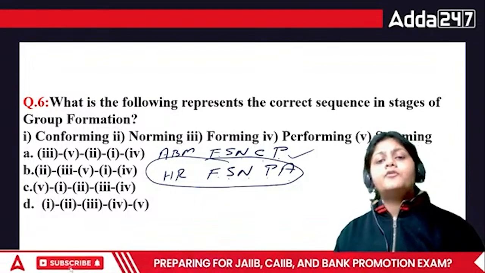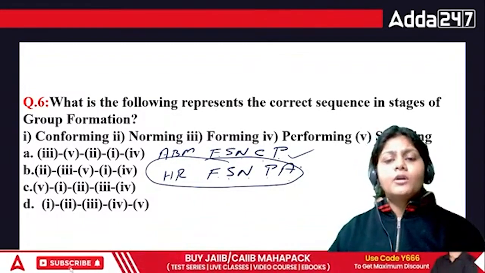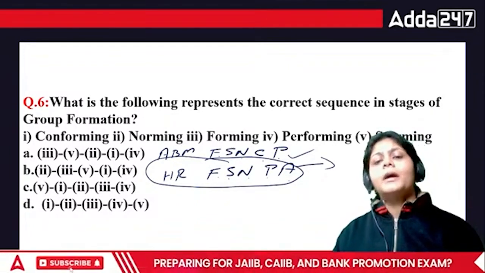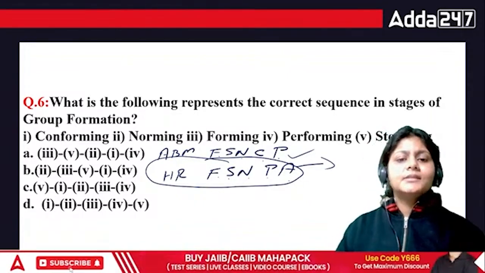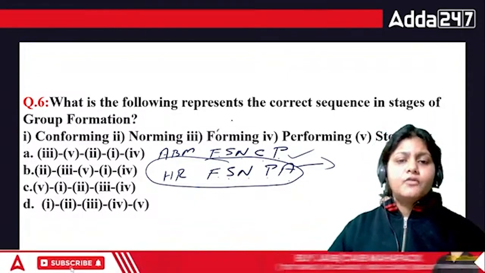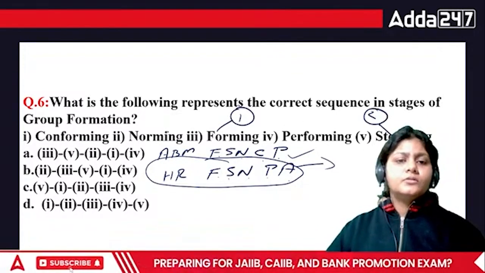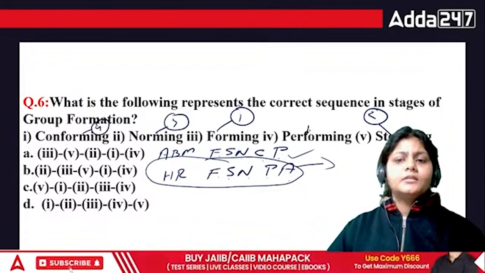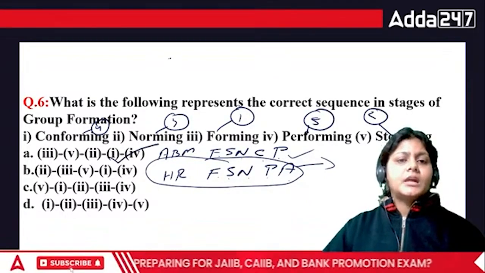Okay, then performing. Finally you will perform. Same here also, the A stands for adjourning. Then after performing, you will be adjourned by your group. Okay, parted ways. So here the answer is, these are the group formation stages. Forming is number 1, storming is number 2, norming is number 3, then number 4 and number 5. Okay, so here definitely the answer is.